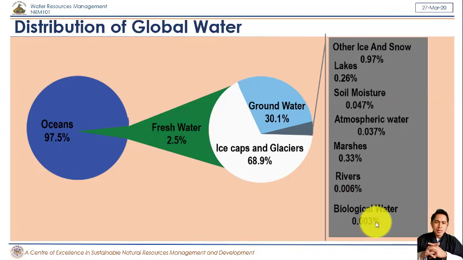So the amount of water that's left for us to consume is around 0.006% for rivers, and around 0.26 for lakes, and the rest is almost inaccessible. So that's the nature of the supply of freshwater resources to us, and that itself is an issue for us.